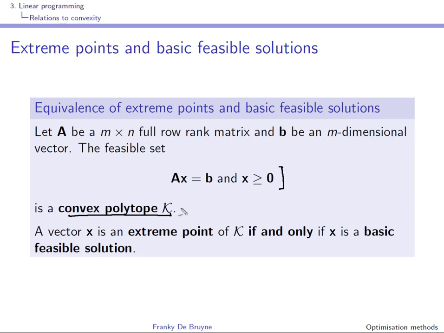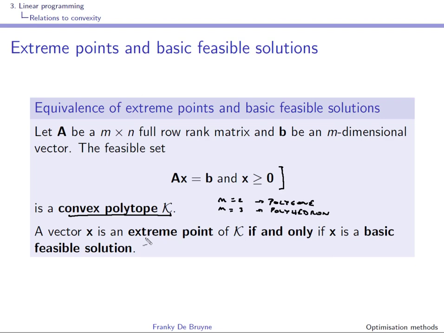This is a difficult name, but remember that for n equal to 2 we have a polygon, and for n equal to 3 we had a polyhedron. So a polytope is a generalization to an n that is larger than 3.